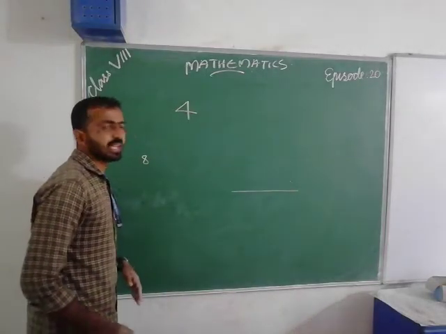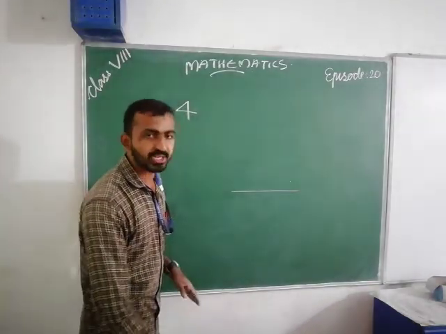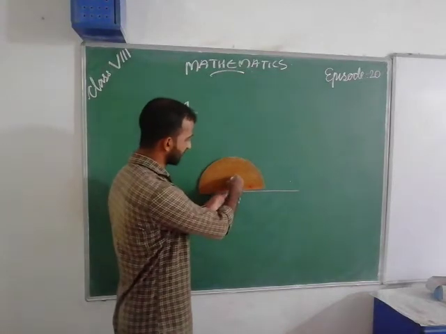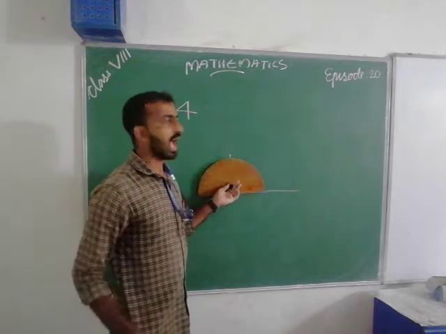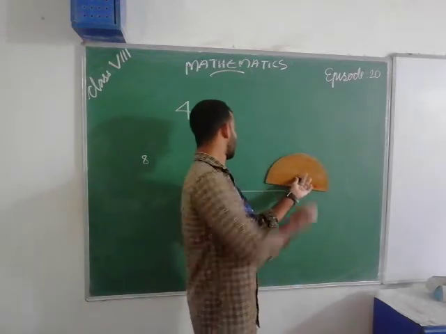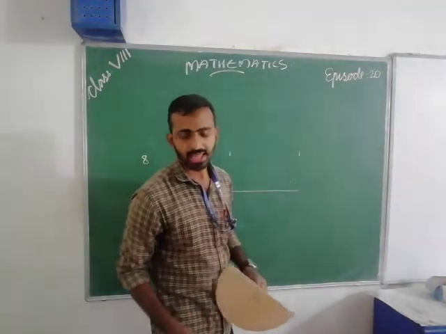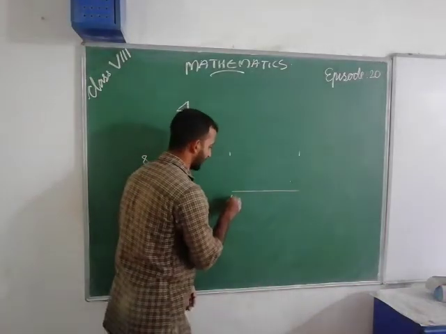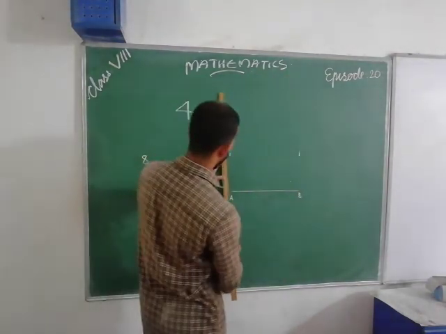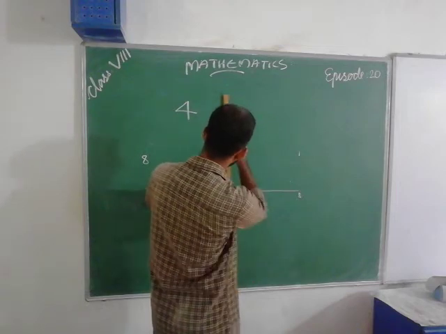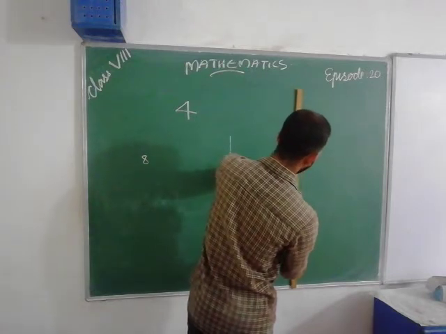And next we take 8 centimeter. Next we take the protractor and we find the 90 degree. Is it? And here also we find 90 degree. And we draw a long line, and here is also a long line.